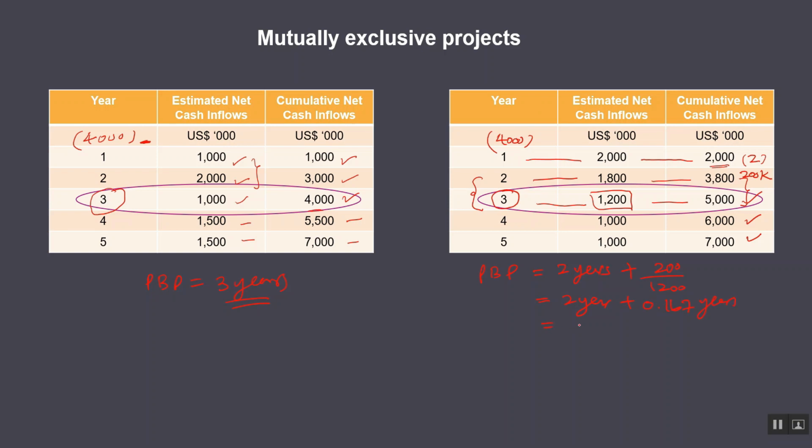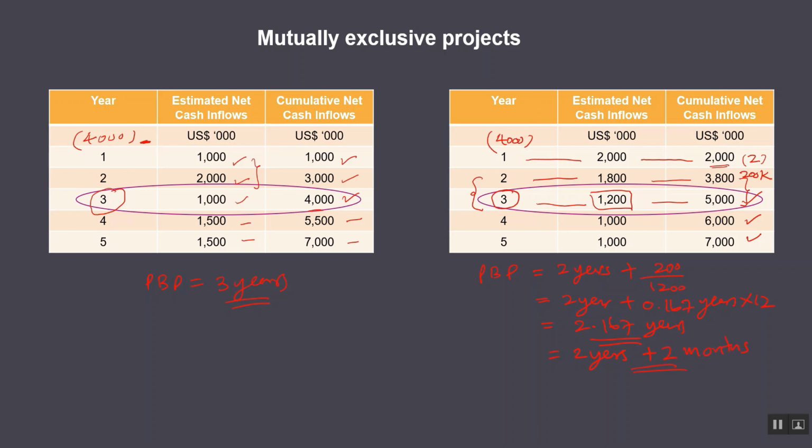So you can say 2.167 years. If you want to calculate precisely in months, you need to multiply this by 12. If you do that, that will be 2 years plus 2 months exactly.